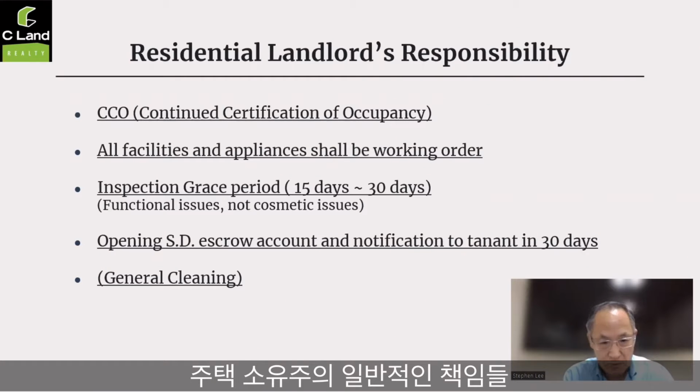And general cleaning. Well, cleaning is a sticky issue. If I look at all the standard lease agreements, top and bottom, I don't see any clear mention of cleaning in the lease agreement. So I think it's more like common sense between landlord and tenant. There's no specific clause about the cleaning.